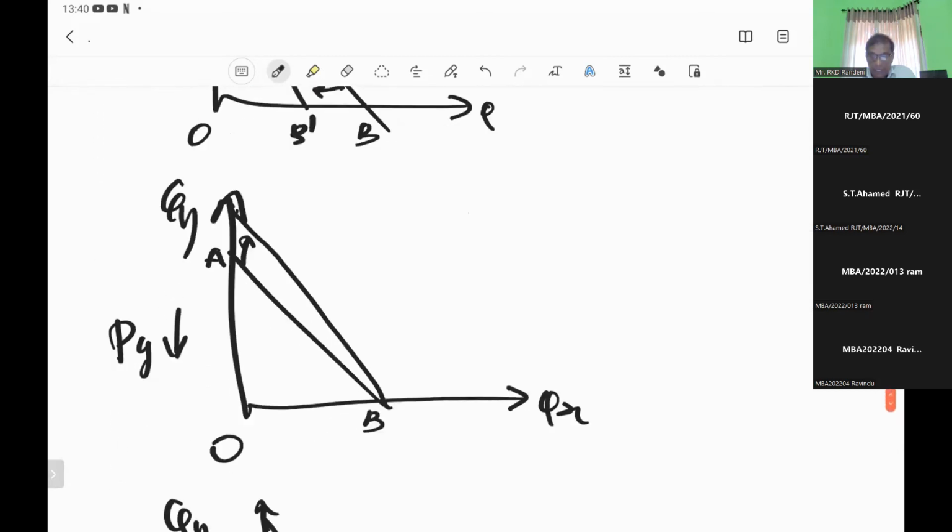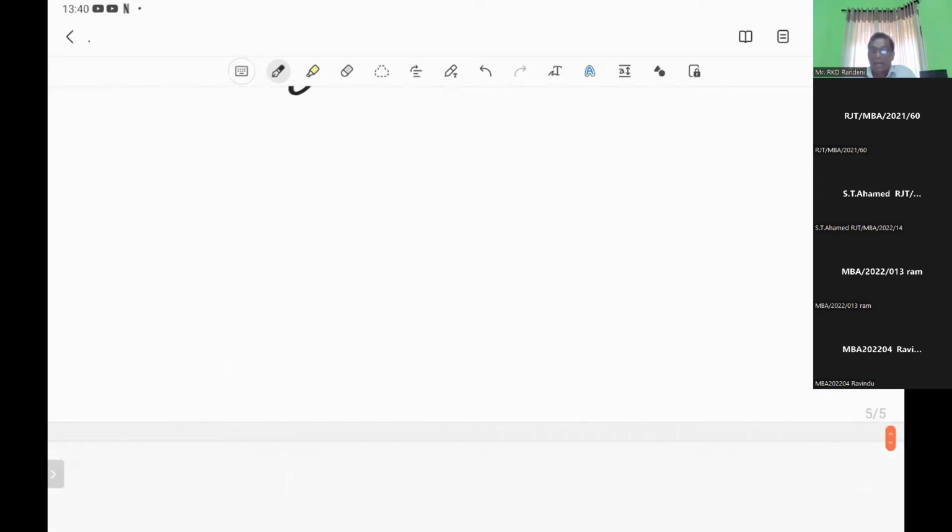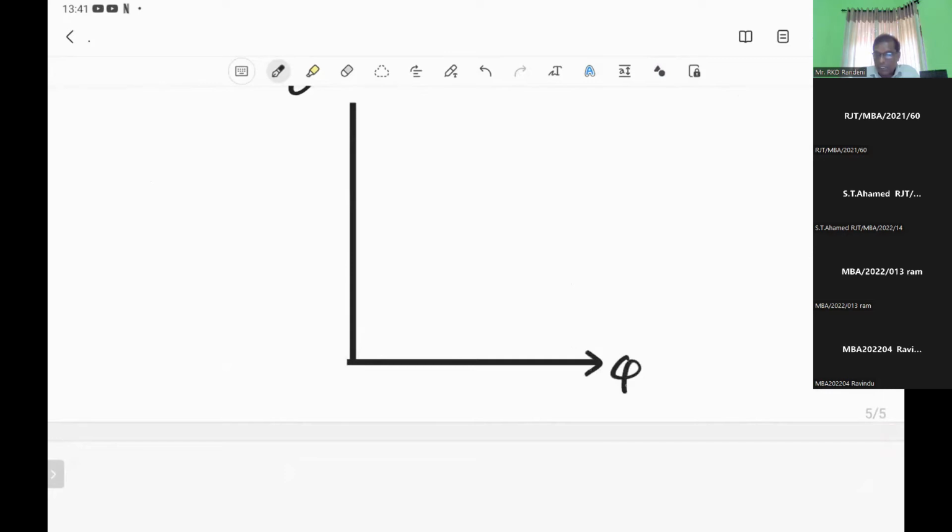Right, now we can discuss the consumer equilibrium. Now already we derived the budget line. Quantity X, quantity Y, 0. Now this is the budget line.